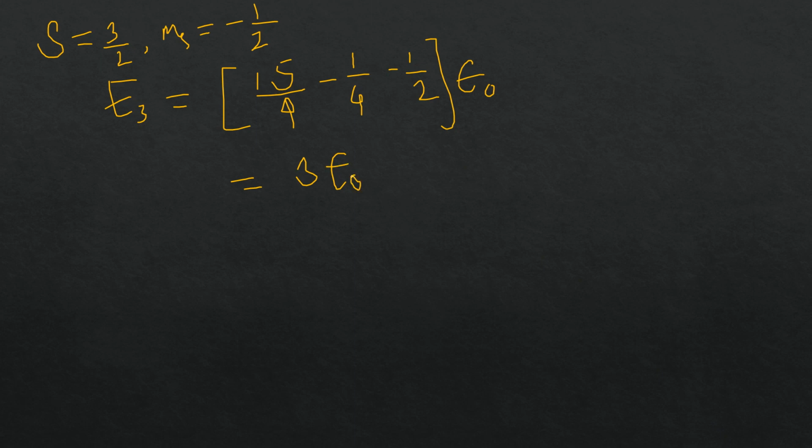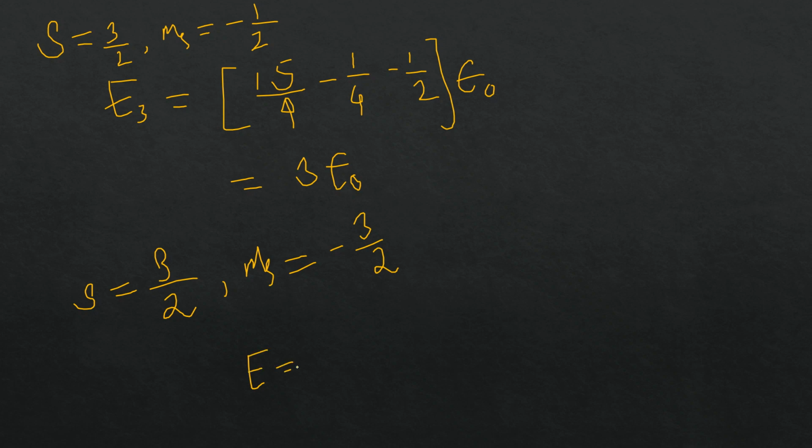Okay, 3 epsilon naught. So now for S is equal to 3 by 2, Ms is equal to minus 3 by 2. E is equal to how much?